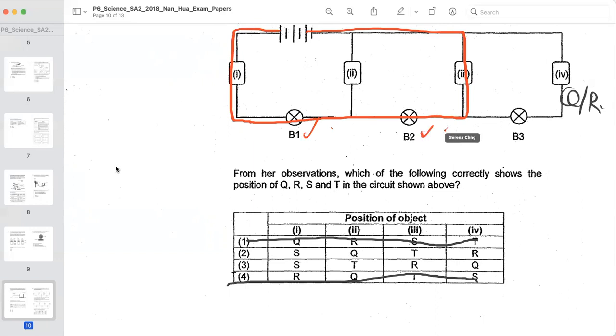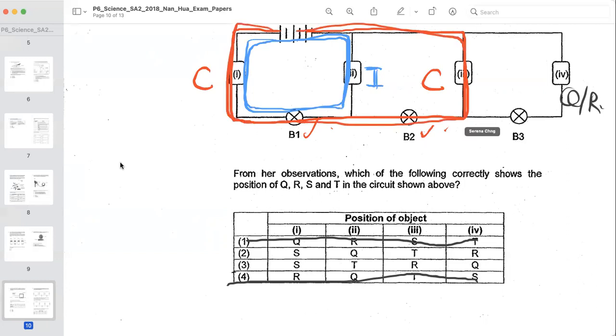So technically, I can have these two being conductors of electricity, and then this one being an electrical insulator. So this loop now is actually an open circuit. It doesn't matter. It doesn't affect B1 because the red loop itself is a closed circuit.